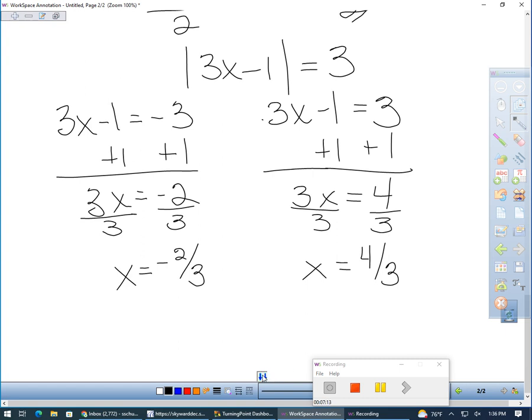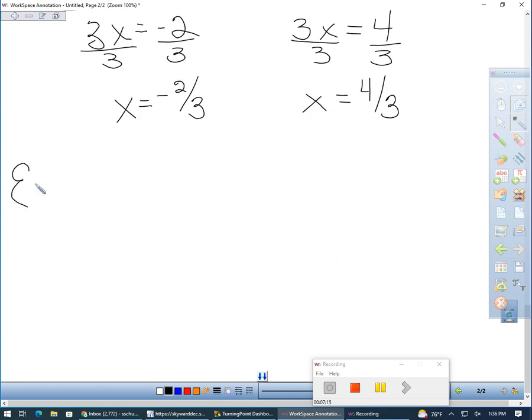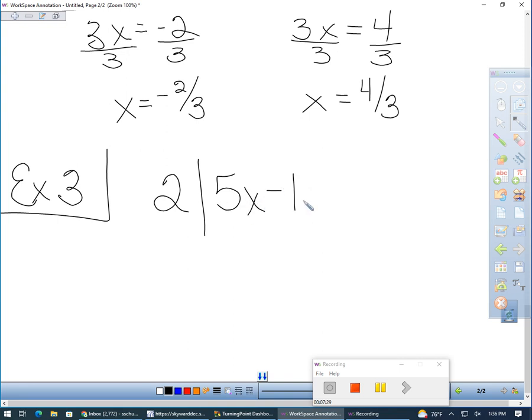Okay. Example number 3. Again, let's solve this one, then we'll go to inequalities. Say I have 2 times the absolute value of 5x minus 1, plus 7 equals 1.